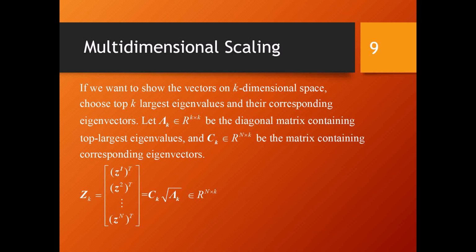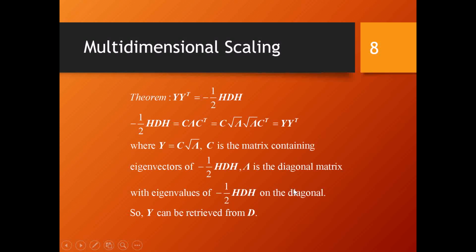What is Ck? Ck is the matrix containing the top largest eigenvectors. And what are those eigenvectors? If C is the matrix containing the eigenvectors of -1/2 times H, D and H, I will explain what H is.